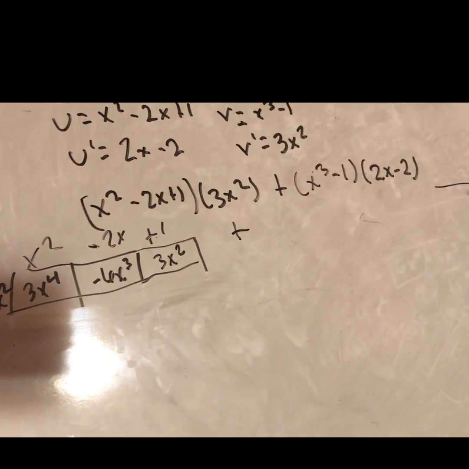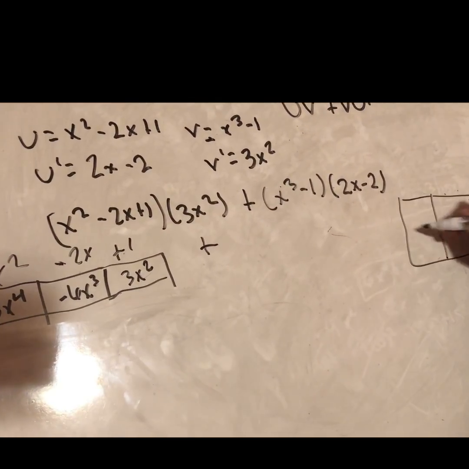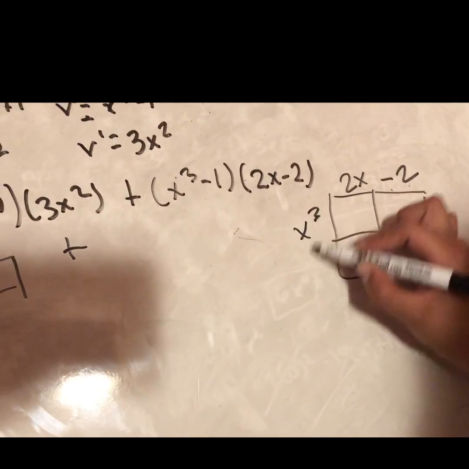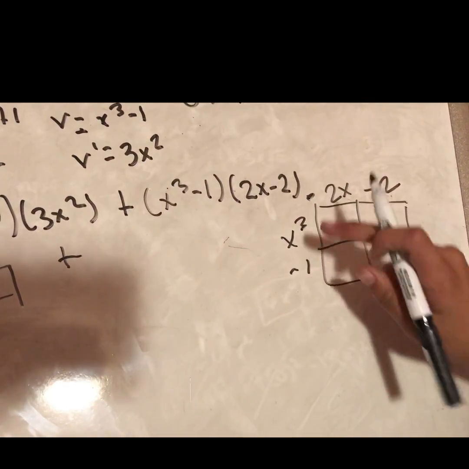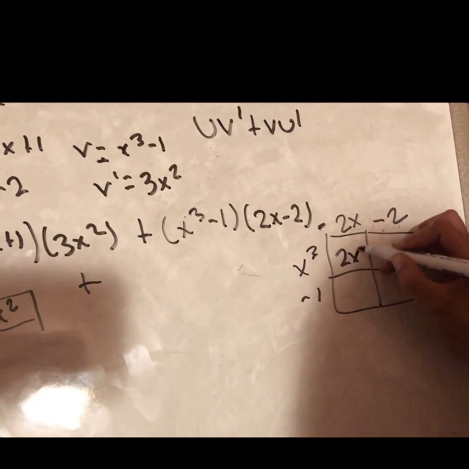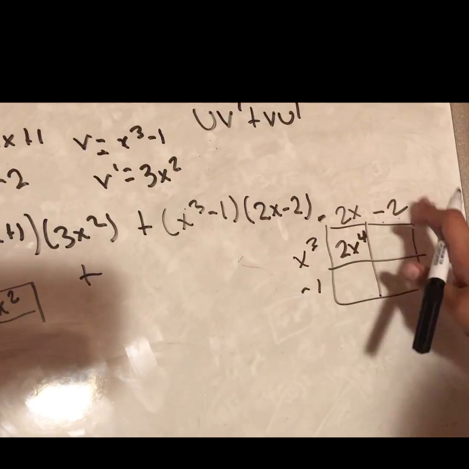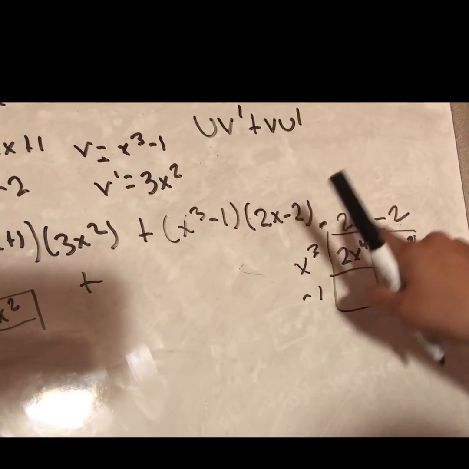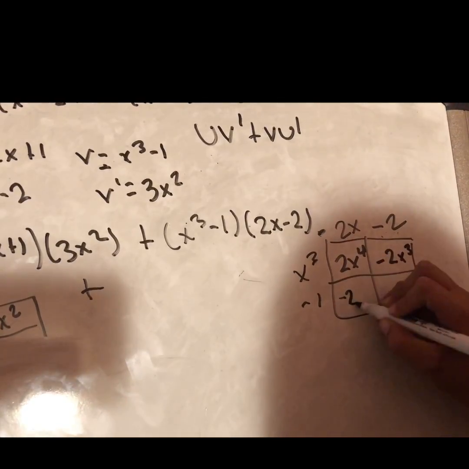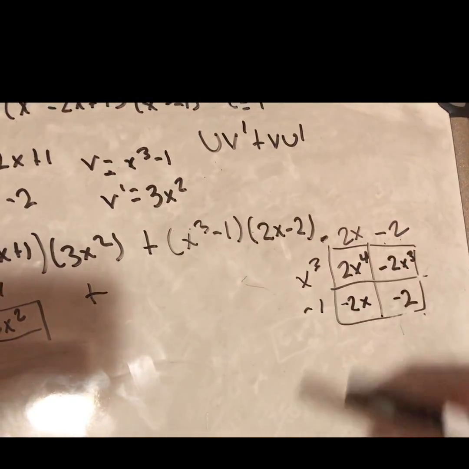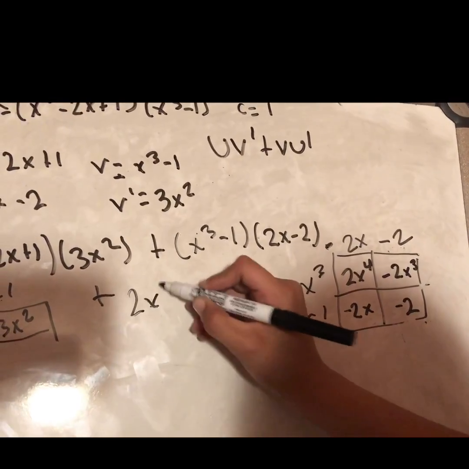We could do our box method. So it's going to be 2x minus 2 and x cubed minus 1. So x cubed times 2x is 2x to the 4th power. x cubed times negative 2 is negative 2x cubed. Negative 1 times 2x is negative 2x. Negative 1 times negative 2, so we don't have any like terms, so we're just going to do what we did earlier.